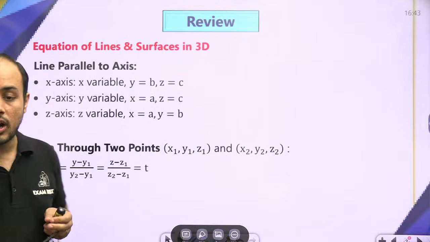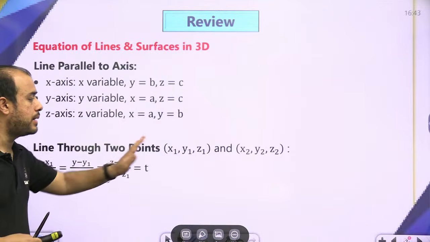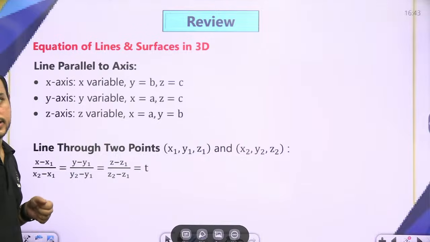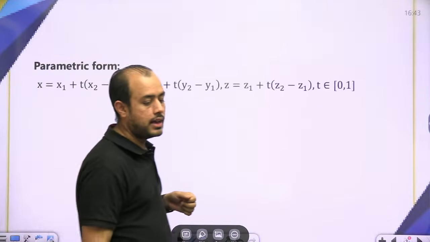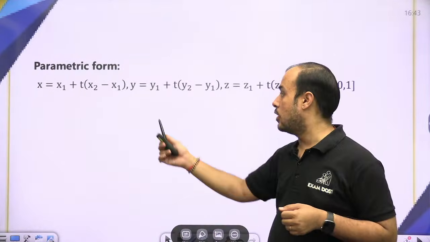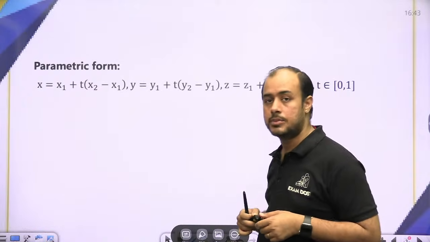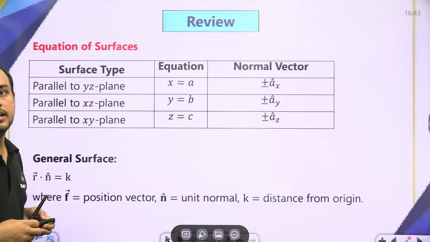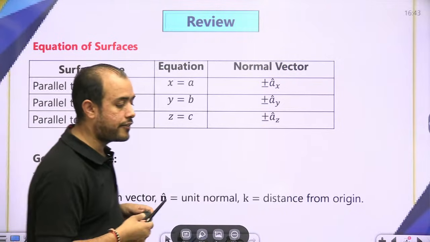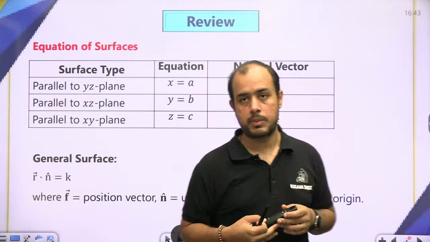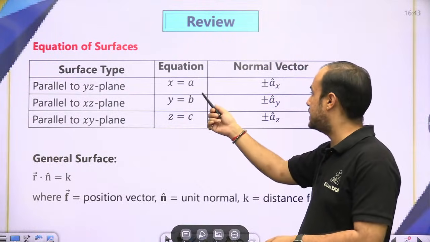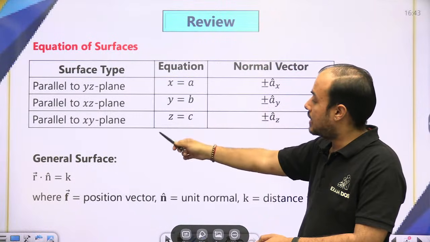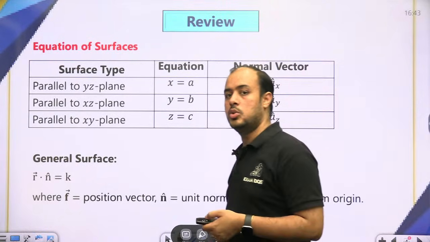Now, if I want the equation of a line passing through these 2 points, I can write the equation in this format. And this will give me the value of x, y, z in terms of t, where t varies from 0 to 1. When I want a surface parallel to the yz plane, the equation is x equal to a, parallel to xz, y equal to b, parallel to xy, z equal to c.